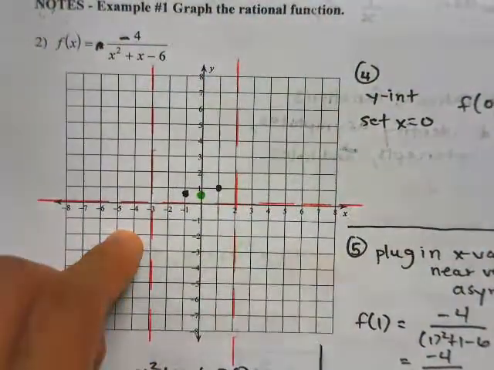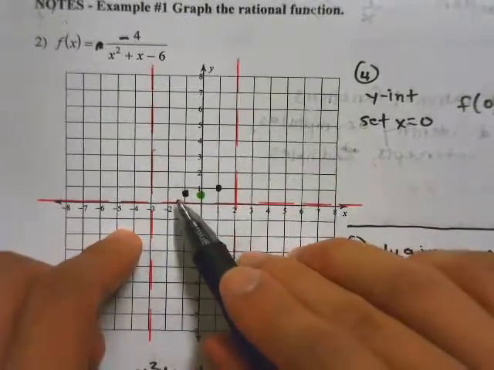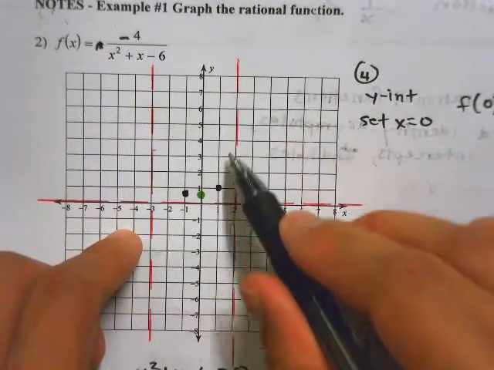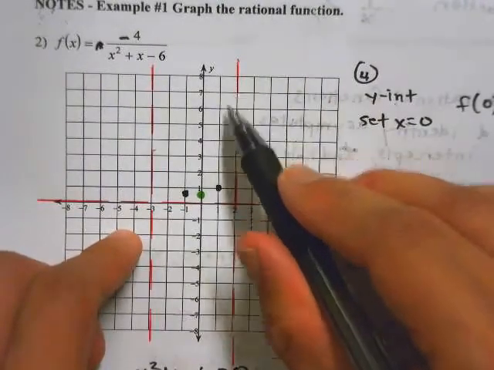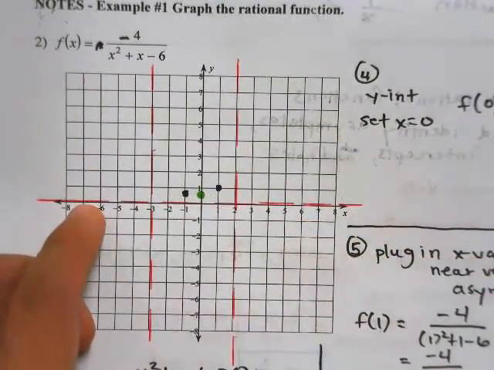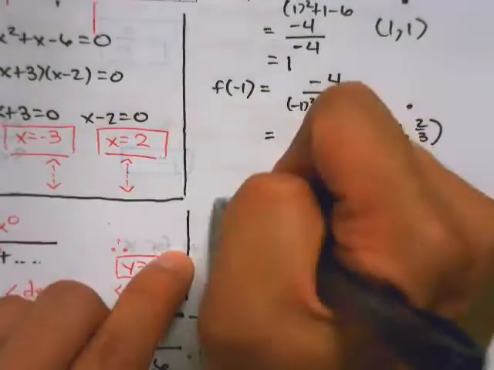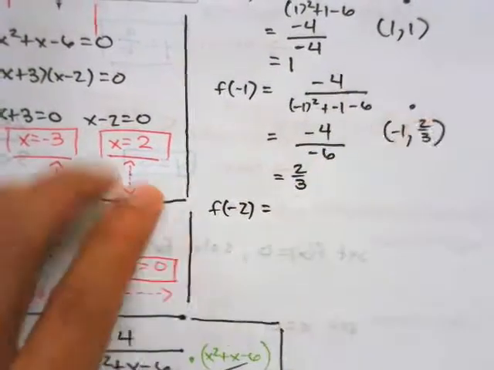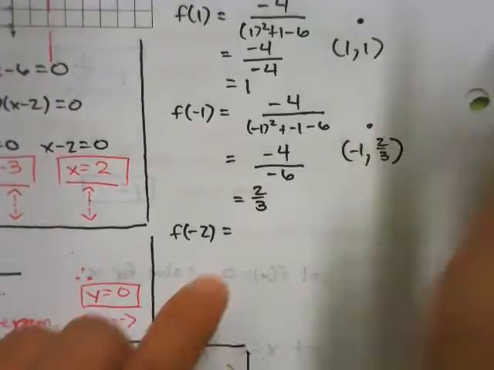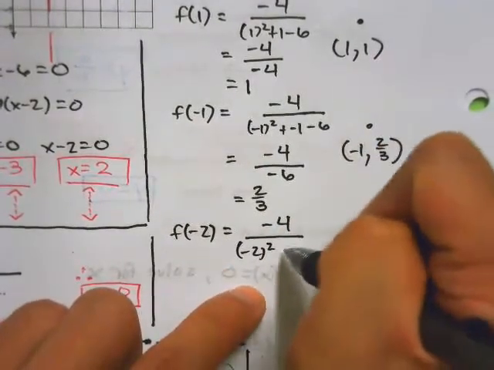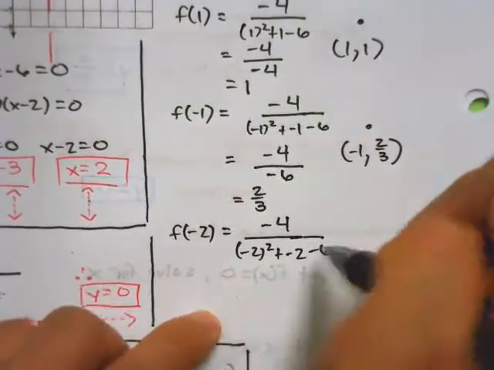Just in case, I'm going to plug in negative 2, because sometimes, like I said, it could go like this, or sometimes it could go like that, almost like a tangent graph. So I'm just going to plug in negative 2 just in case. Negative 4 over negative 2 squared plus negative 2 minus 6.